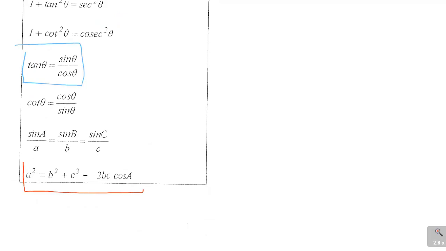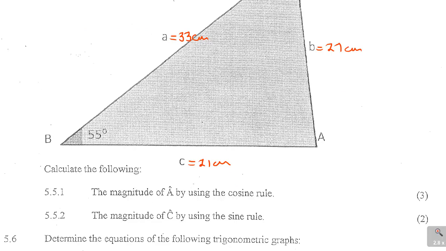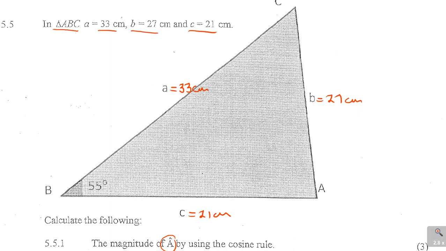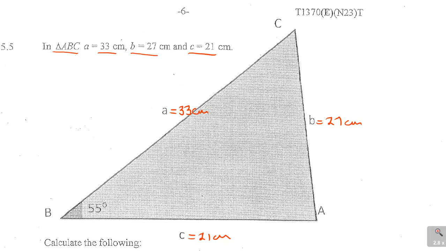With the cosine rule, they want the magnitude of angle A. In other words, in this particular diagram, triangle ABC, they want this angle A. So that is what you are solving, using the cosine rule.